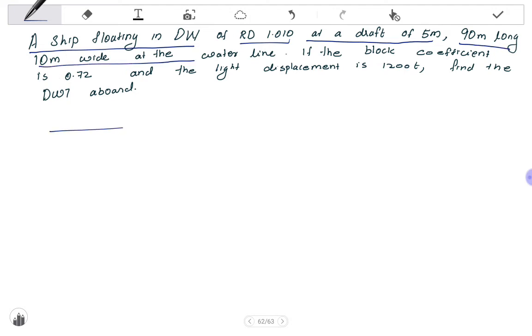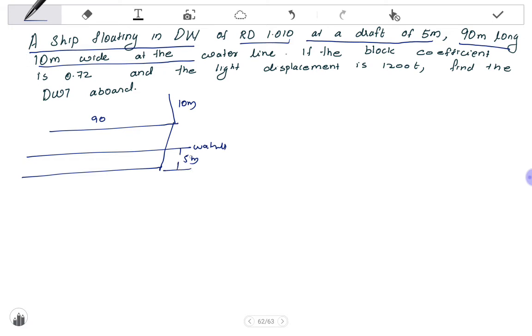The ship is 90 meters long and 10 meters wide. This is the water line, and the draft is 5 meters.